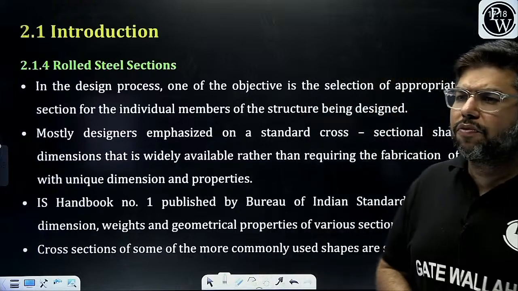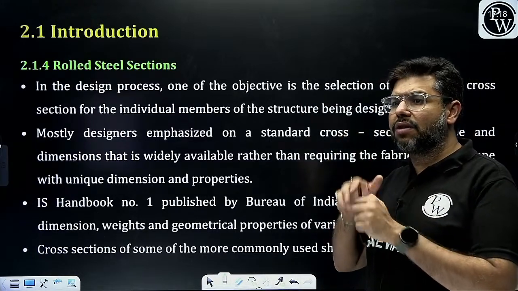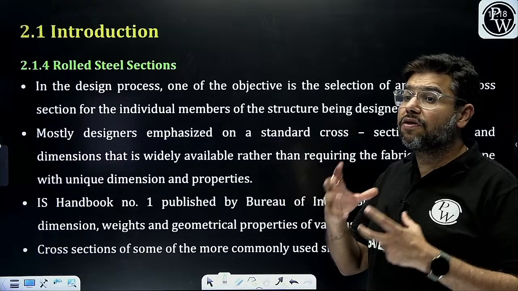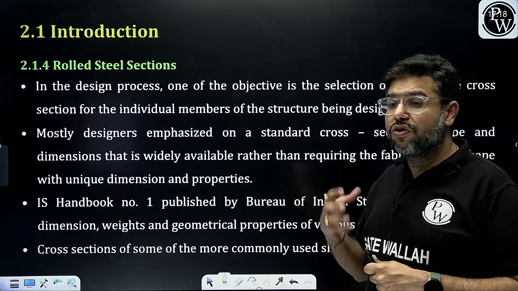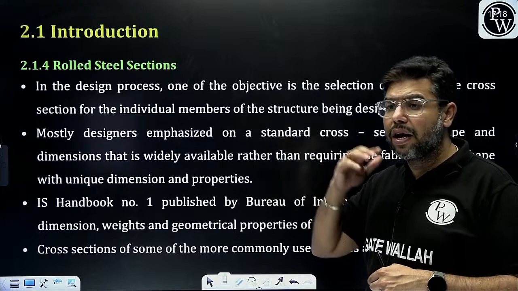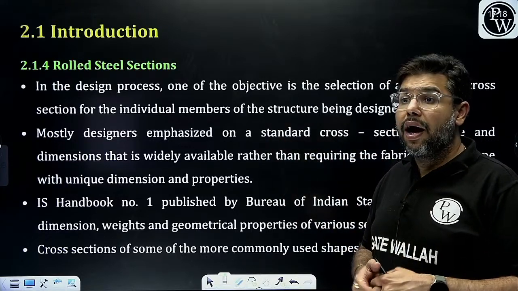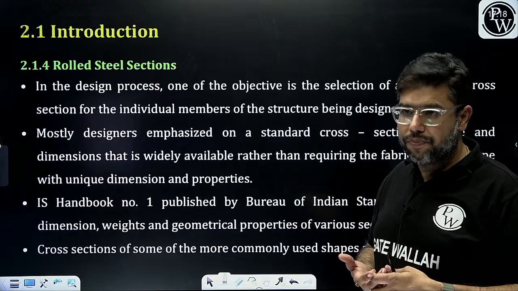A similar thing happens with metals. The metals are passed between two rollers. This process is rolling. Due to this rolling, all the fibers of the metal will bind into one, thereby increasing the strength of the metal and making it more uniform.